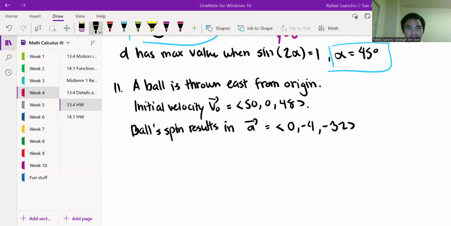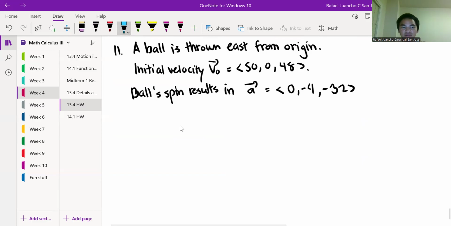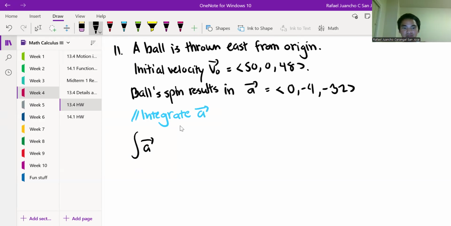Okay, so the first thing it says was to integrate my acceleration vector. Okay, we can try. Why not? Let's do that real quick. If I integrate this thing, what do I get?